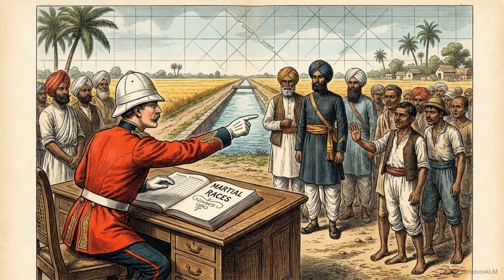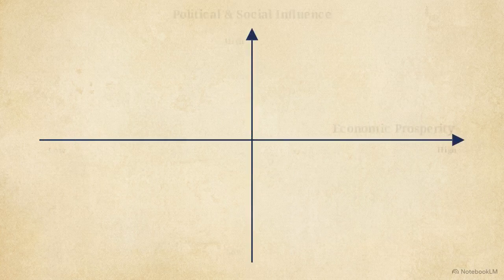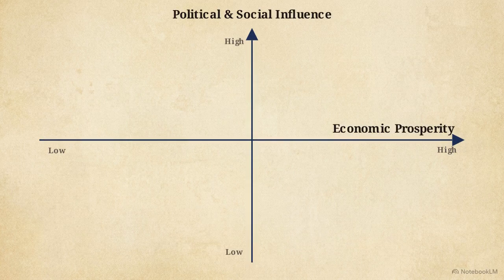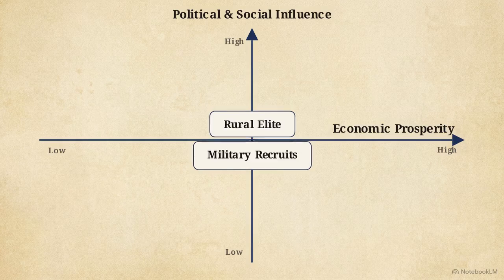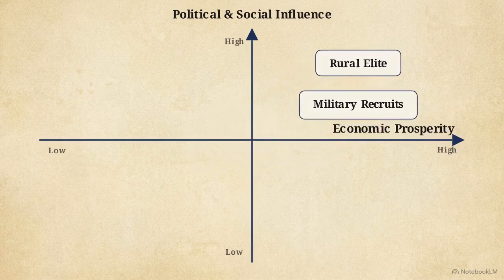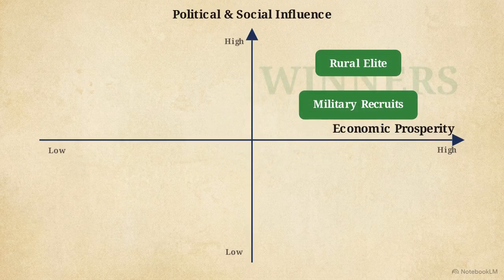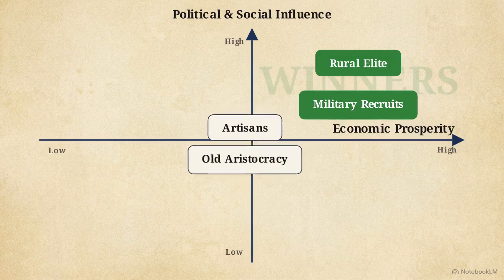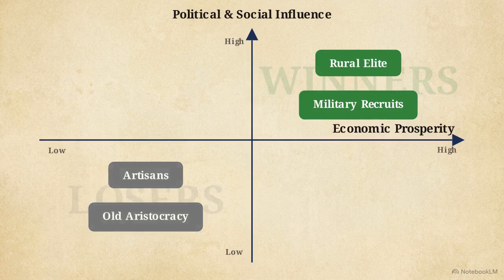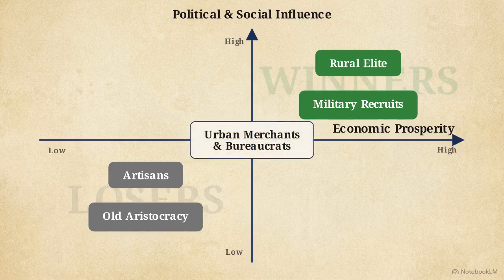This matrix maps the outcomes of the British system to show exactly who benefited from the administration. The upper right quadrant contains the winners, the military classes and the co-opted rural elite, who received land and prestige in exchange for supporting the regime. In the lower left are the traditional artisans and the displaced pre-1849 aristocracy, groups whose economic and social influence were systematically reduced.